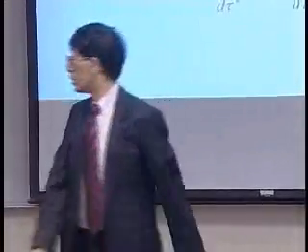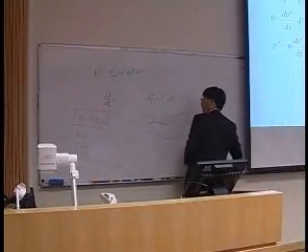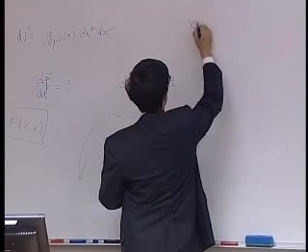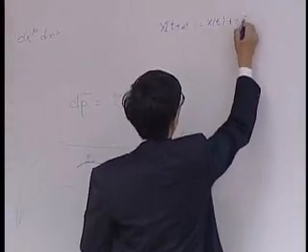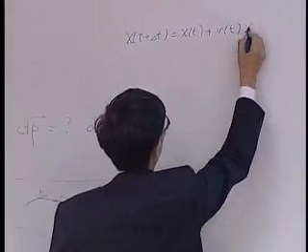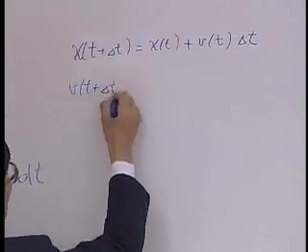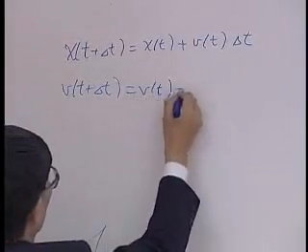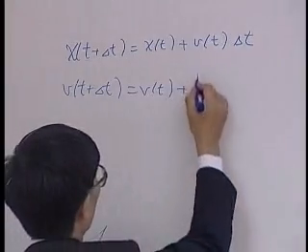If I know the present velocity and the present position, let me just write down a formula. That means the position at a later time is equal to the present position plus the present velocity times delta t. And the velocity at a later time is the present velocity plus the acceleration times delta t, but the acceleration is given by this formula.